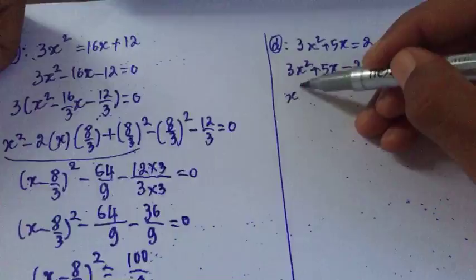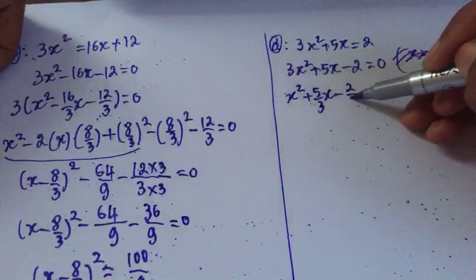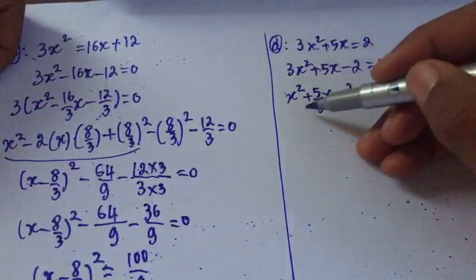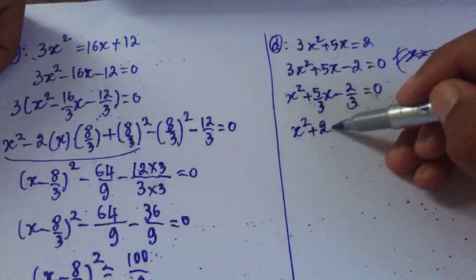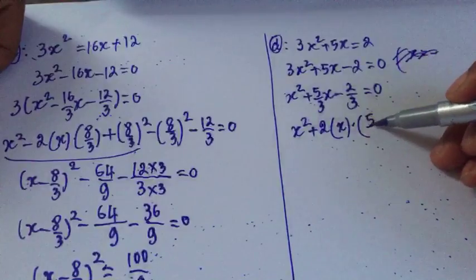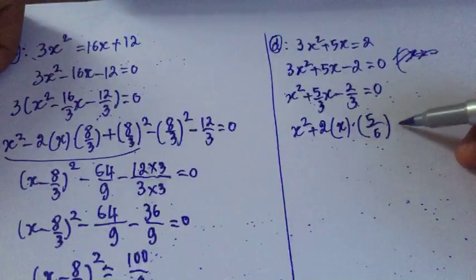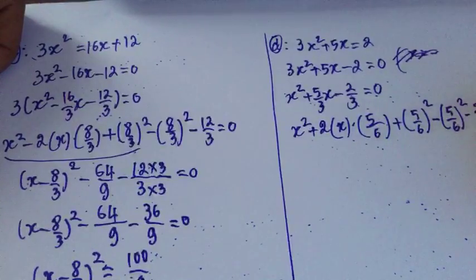We need to find x squared. We can factorize 3x squared plus 5x minus 2 divided by 3 equal to 0. And then it is x squared plus 2 times x times 5 divided by 6, and then plus 5 divided by 6 square minus 5 divided by 6 square minus 2 divided by 3 equal to 0.